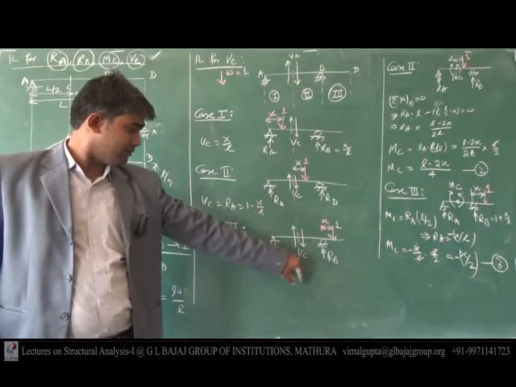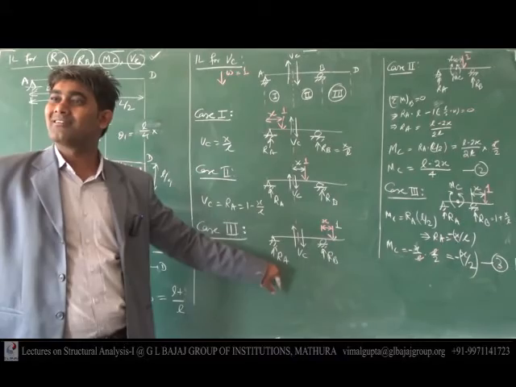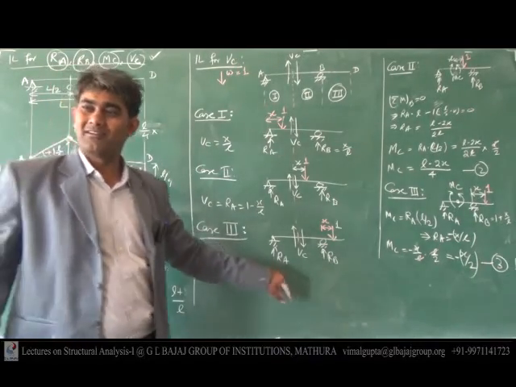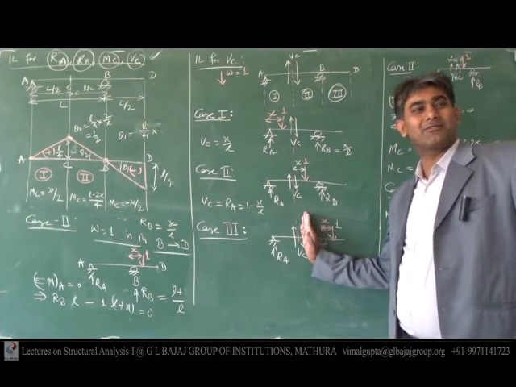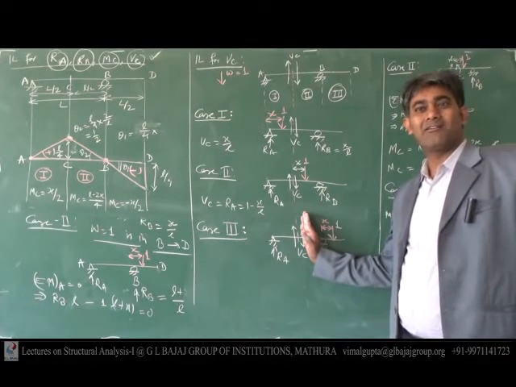Value of VC equals to minus summation of... what will it be? Summation of sigma Fy equals to 0. What you will get?